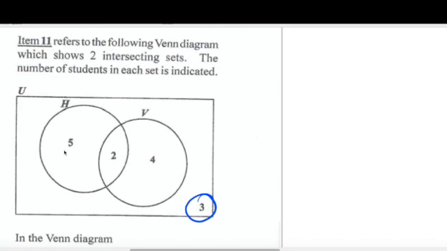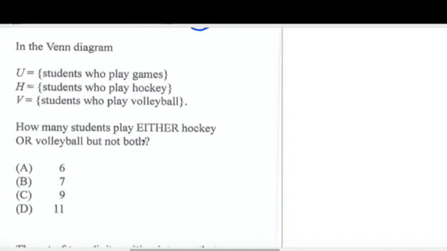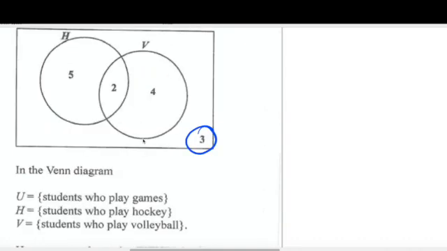We can see set H has 7 students in it. Set V has 6 students in it. And so, in the Venn diagram, U is students who play games, H students who play hockey, V students who play volleyball, and obviously we have some students here who play both hockey and volleyball.